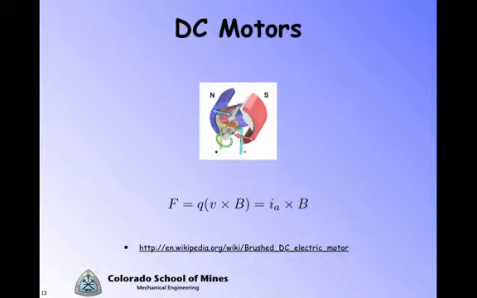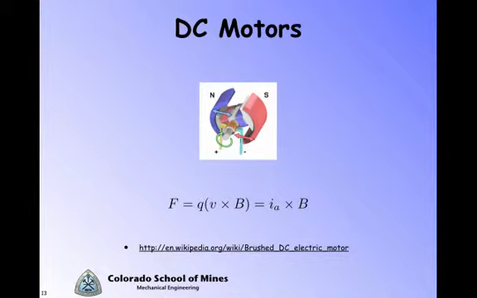And the copper-looking part that shows a break in it on the rotor is called the commutator, and it's actually that separation in the connection to the windings that changes every time the rotor rotates that makes the DC motor rotate. And we'll come back to that in the next lecture when we talk about DC motors more.